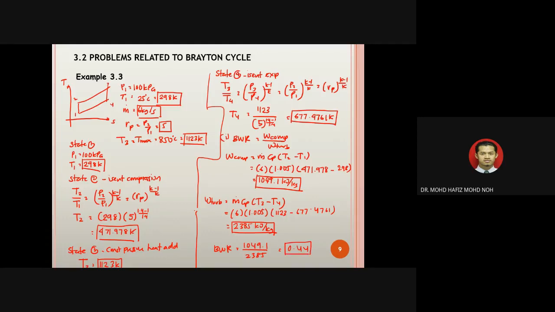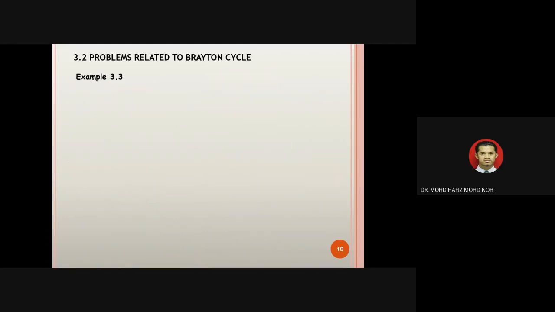Then question number 2 is about the thermal efficiency. So thermal efficiency is equal to W net over Q in. W net can be calculated by W turbine minus W compressor.